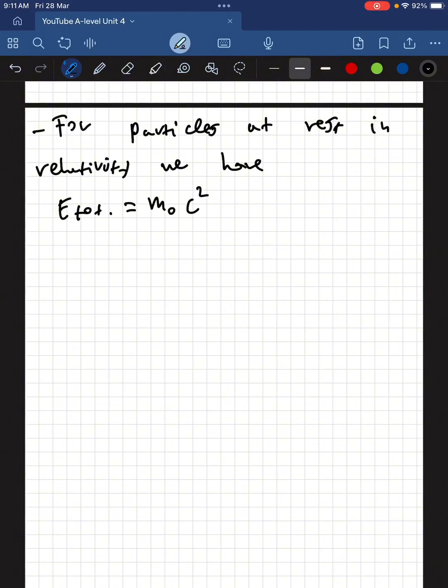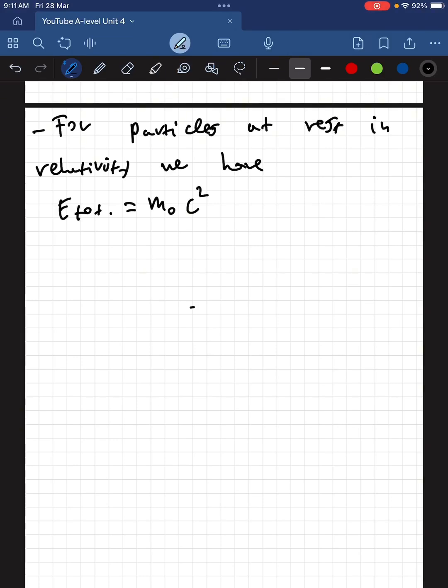So the total energy of a particle is mu c squared. Even particles at rest have energy, if you convert their mass into energy. This is usually used for subatomic particles, not massive objects, even though it applies to massive objects as well.